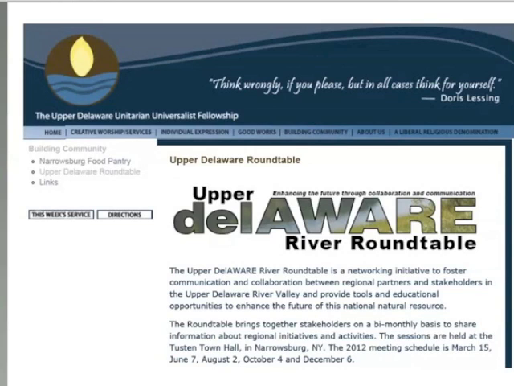Participants have included township supervisors, members of town planning commissions, national park employees, employees of the Delaware River Basin Commission, members of nonprofit environmental organizations, farmers, and any interested citizens.